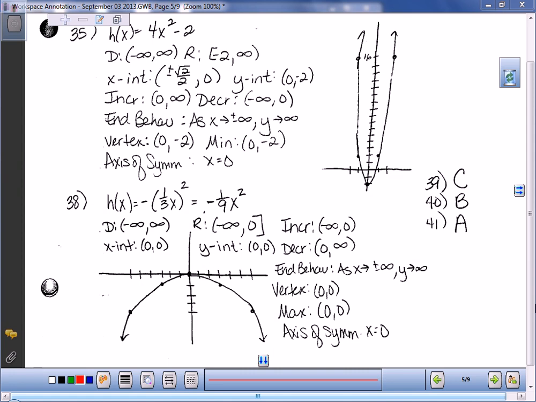So on 35 and 38, if you had just followed the directions in the book, those would have been your two answers. So for 35, it's shifted down 2 units, and it's a vertical stretch by a factor of 4. And 38 would be a horizontal stretch by a factor of 3 and reflected over the x-axis.